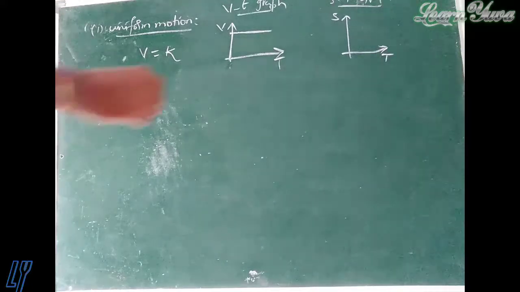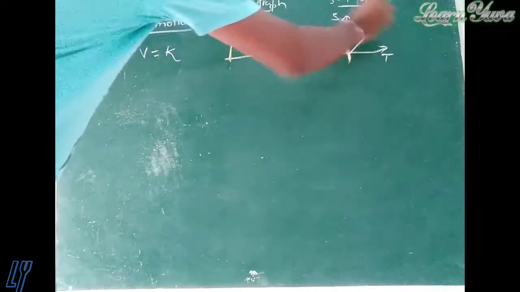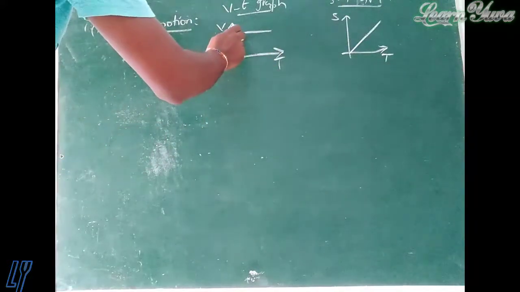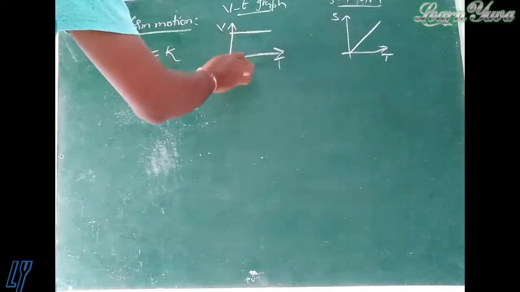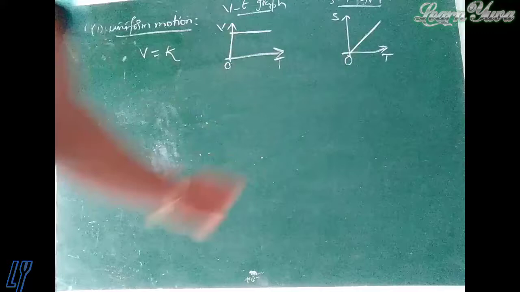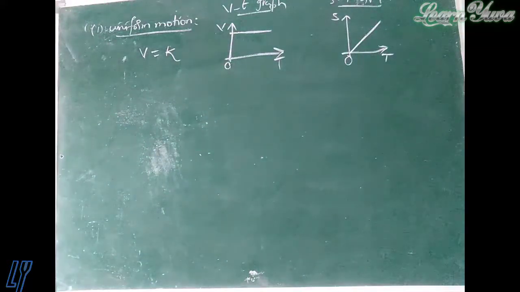But here in the displacement-time graph, the line is a straight line passing through the origin.